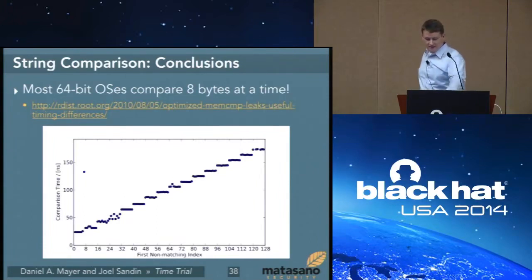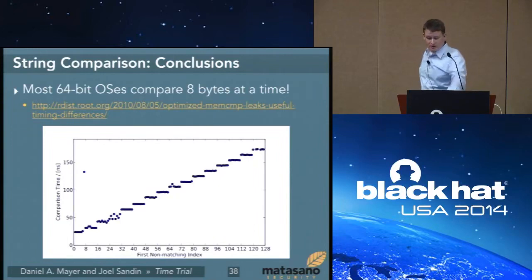What we actually see is a staircase graph, and the jumps happen once you go past a word boundary. What's happening here is that the Java virtual machine, tested with Java 8 on an Intel CPU, is actually comparing an entire word at a time. And when it exits, it exits at the same time regardless of which actual byte matched. So it is leaking information.